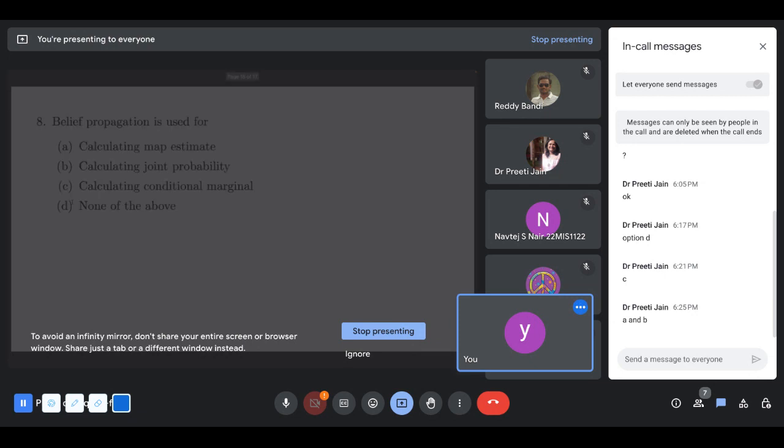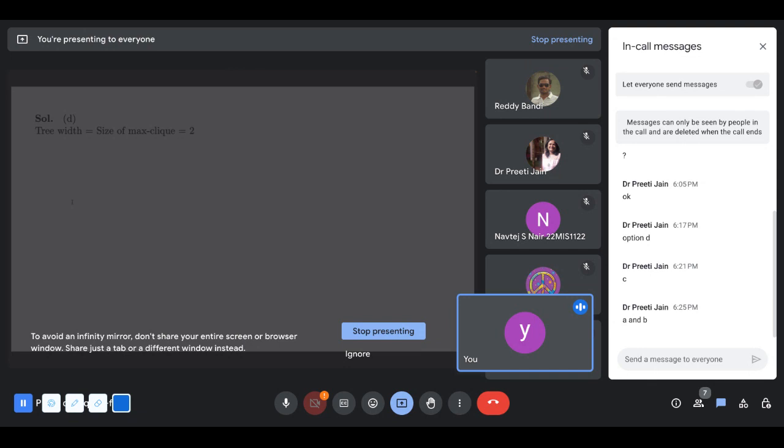When we discussed belief propagation, it is typically used for finding the conditional marginals. So probably we'll do it in next week's lecture if there are any problems associated with this.